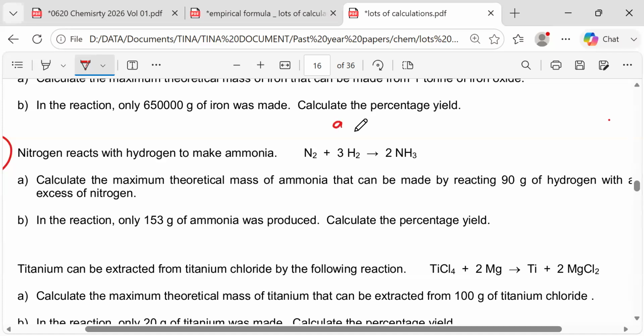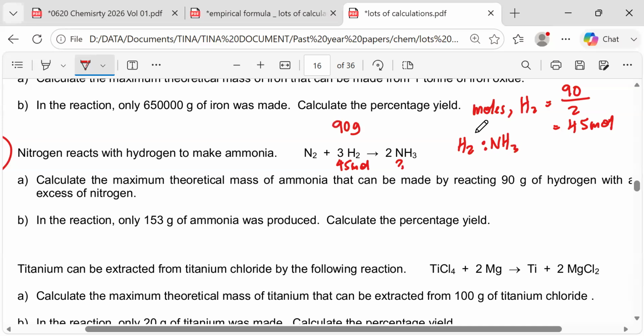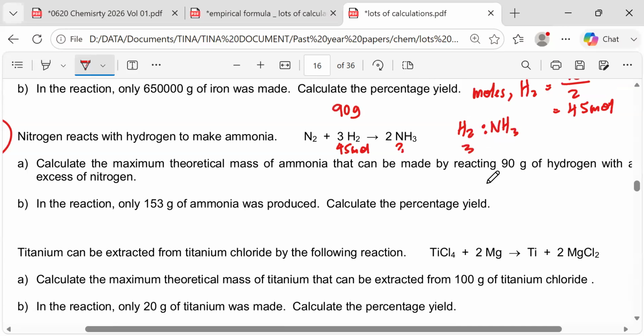90 grams of hydrogen. So first we find the amount of moles of hydrogen. That's 45 moles. How much of this? You see the ratio hydrogen to ammonia is 3 to 2, right? So it's 45.